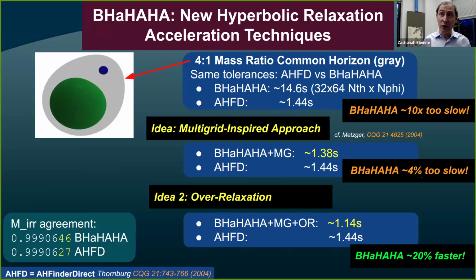It's also been implemented in GR-Chombo as well, which is an AMR grid structure. Basically, all you need is a numerical relativity code that has an interpolator. Bahaha will tell you what points it needs to interpolate to, and you send that information to your interpolator, which hopefully is a parallelized code, and give the data to Bahaha and just let Bahaha find the horizon.